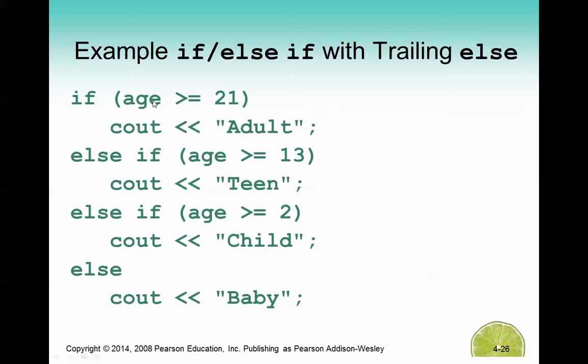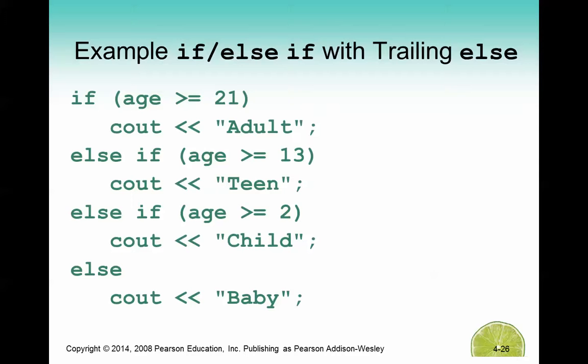Let's suppose that I have an 80 for age. What are we going to be sending to the output? Adult. What if the age is a 1? What are we going to be sending to the output? Baby. So as you can see, there's only one message that is going to be sent.